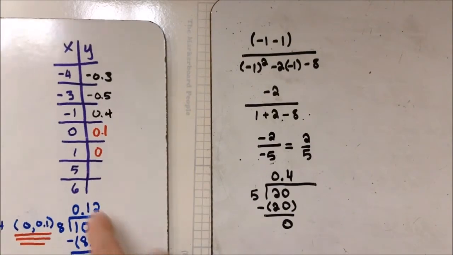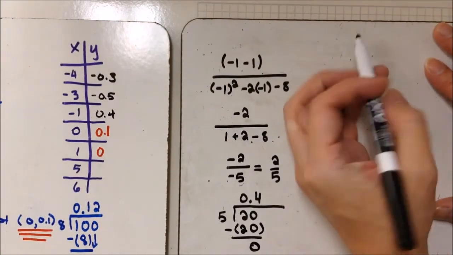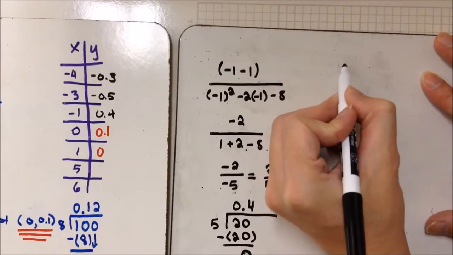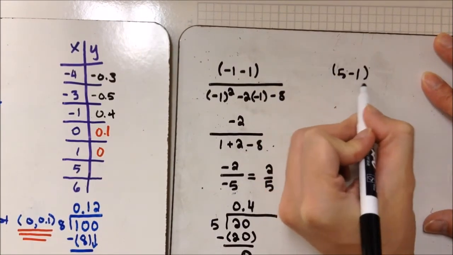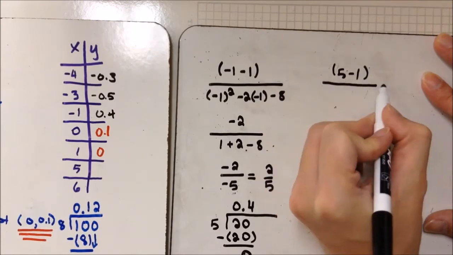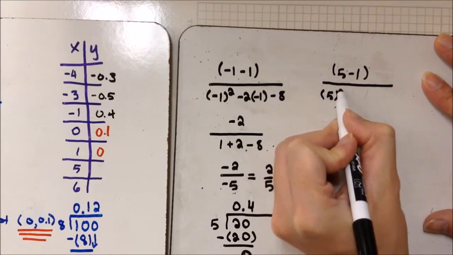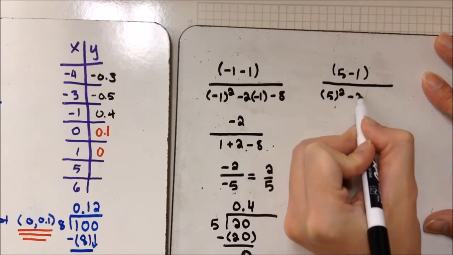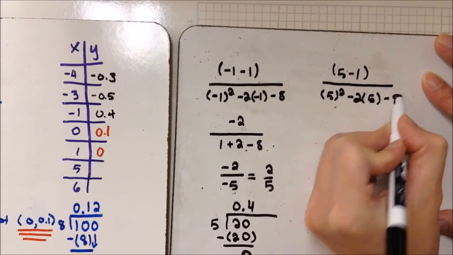Alright, next we're going to do 5. So just plug in 5 into all the x's, so 5 minus 1 over 5 squared minus 2 times 5 minus 8.